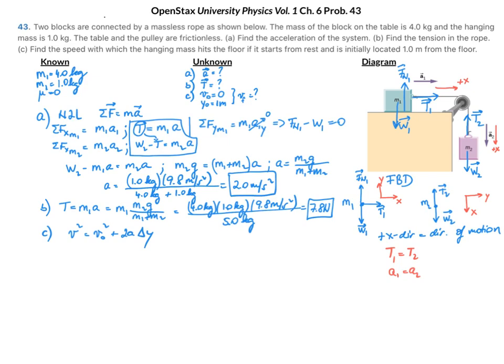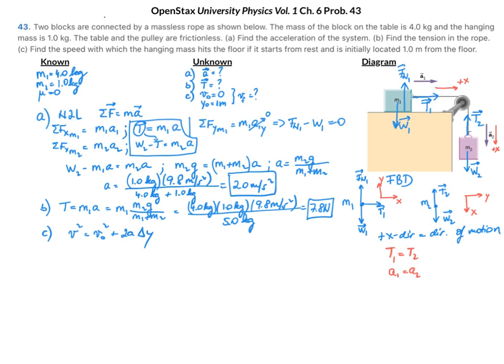So I'm looking for the final v, the velocity with which it hits the ground. And since it's down, and I just said that I'm going to pick up as my positive, that means that the velocity is going to be negative.